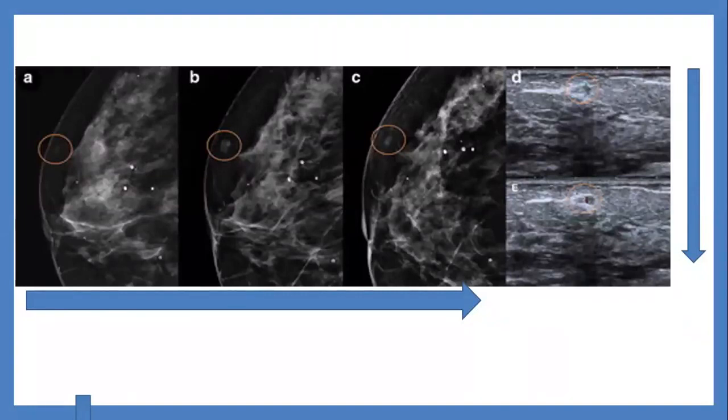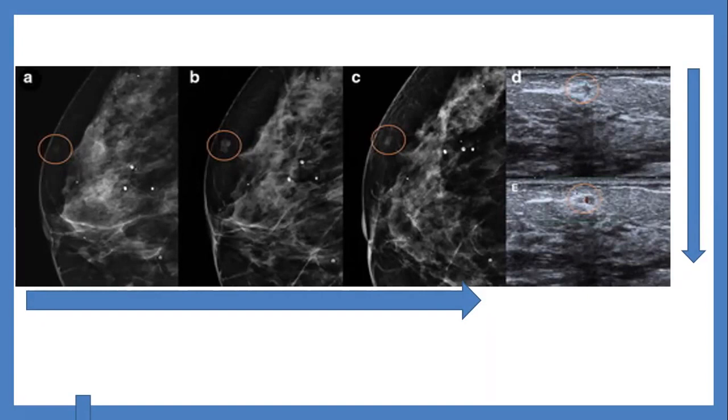So how are you going to manage this lymph node? First of all, I will do a spot magnification view and ultrasound for more characterization of this lymph node. In ultrasound, the lymph node is not regular.